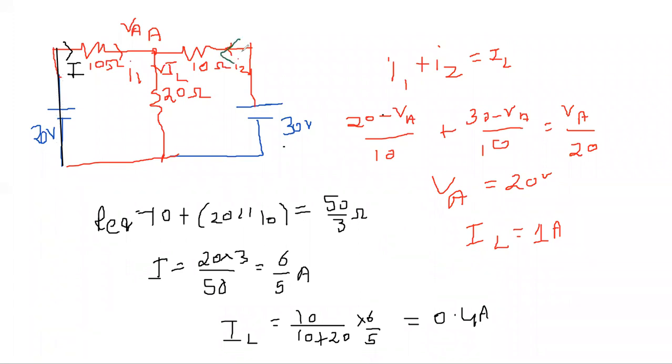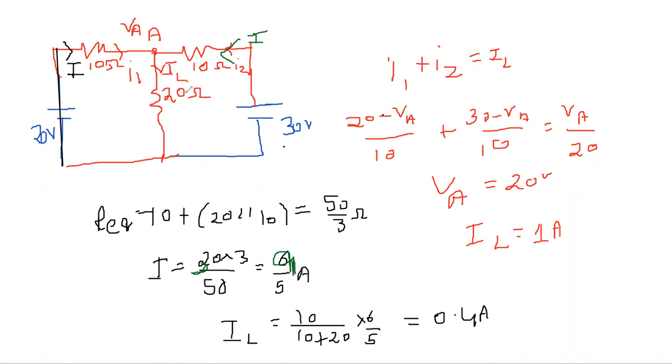This current I is 30 divided by 50 by 3, which becomes 9 by 5 ampere.